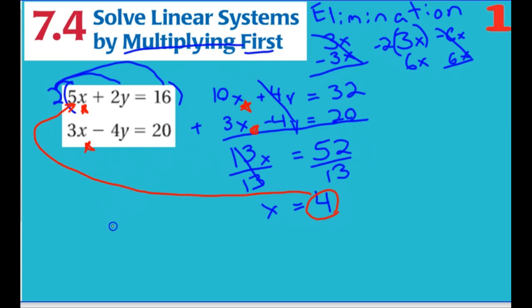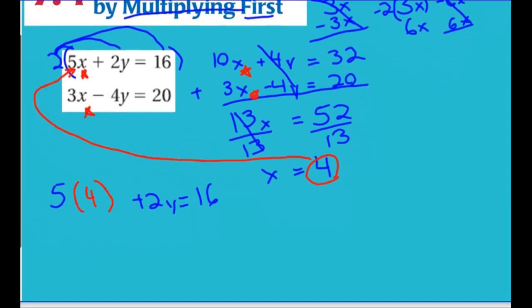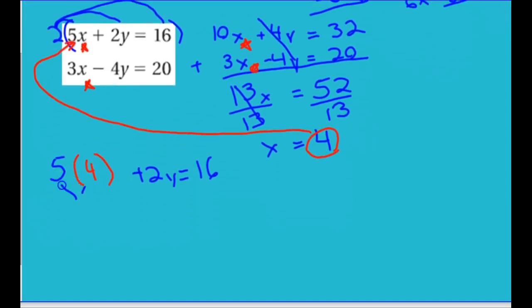So we get 5 times 4 plus 2y equals 16. 5 times 4 is 20, plus 2y equals 16.